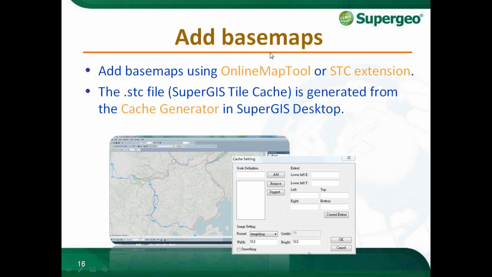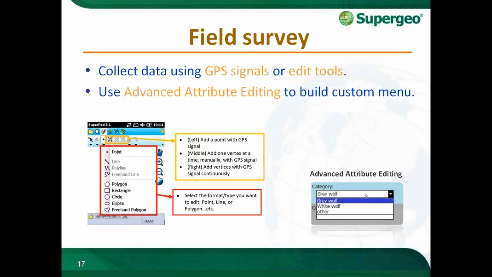But if you don't have any internet connection in the field, you can generate your own base map using the Cache Generator, which is this interface here in the SuperGIS Desktop. You can design the map in the SuperGIS Desktop and define your own scale, map extent and map quality. So you can generate your own base map and add it to the SuperPad to facilitate your field work.